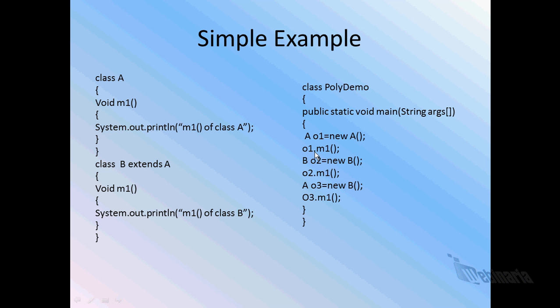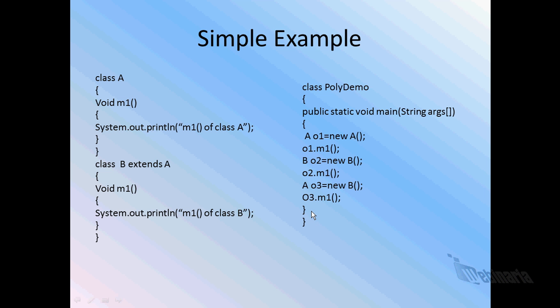And when I am calling o1.m1, when the program is compiled, the compiler will see the m1 method in class A, because o1 is of reference type A. Now when you run the program, the JVM, the Java virtual machine, is going to see the m1 method of class A, because the object assigned to o1 is of class A type.